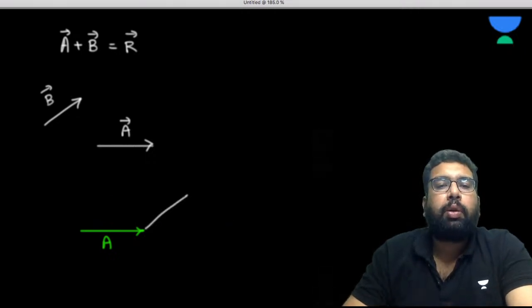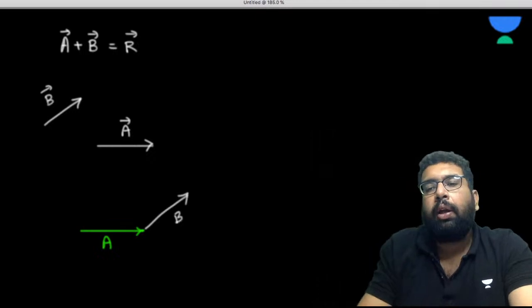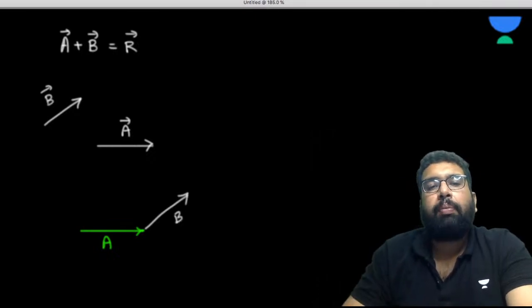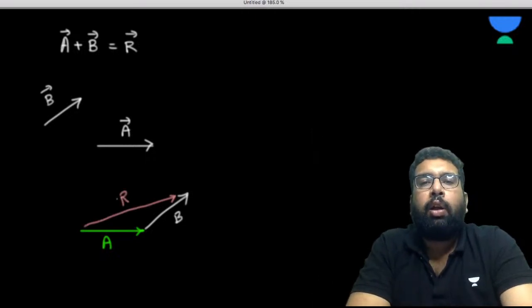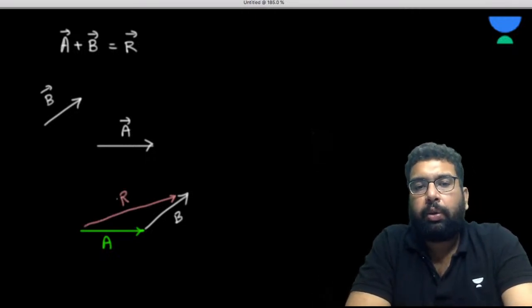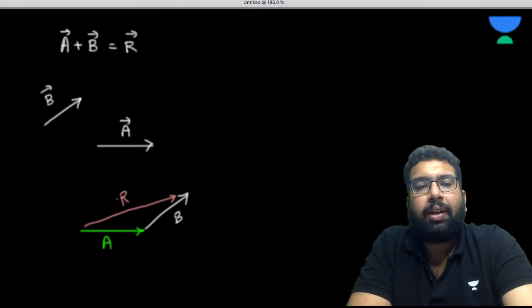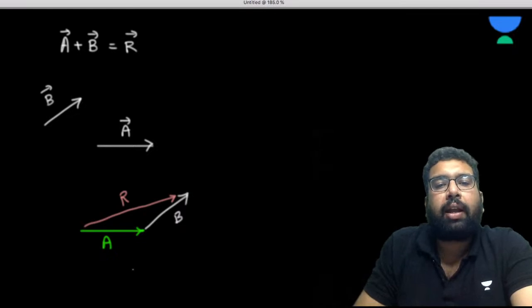So this is going to be your B vector, and the resultant of A and B would be given by the third side of this triangle, taken in the opposite order. This was the resultant. We remember that. This is the triangle law.